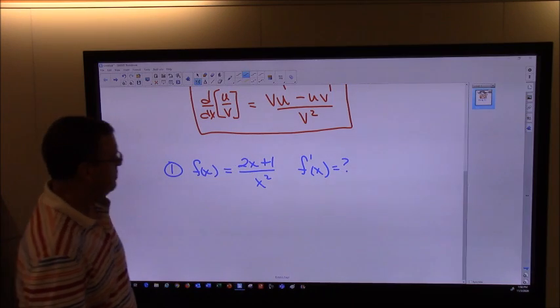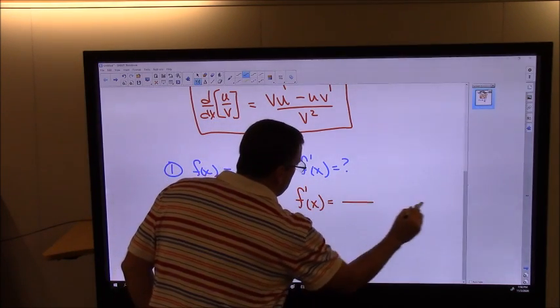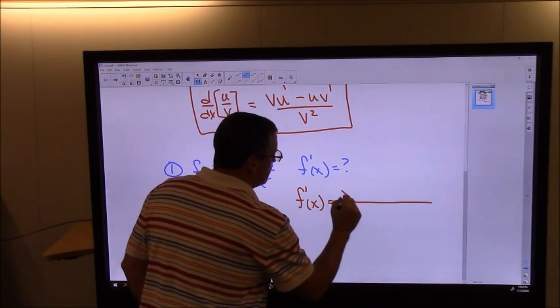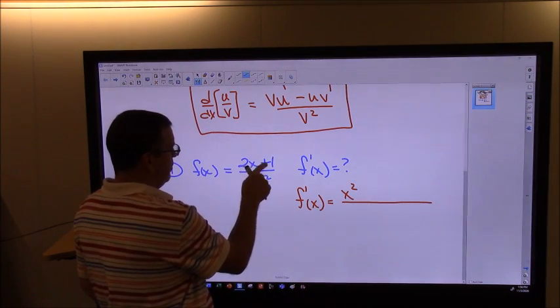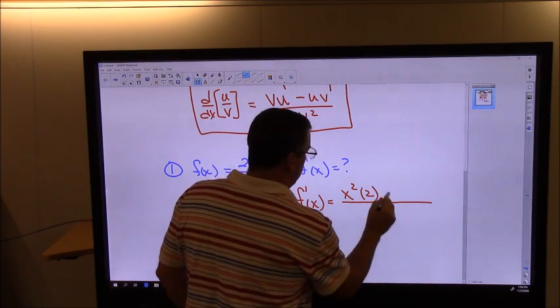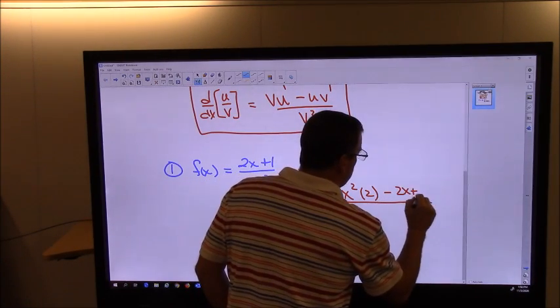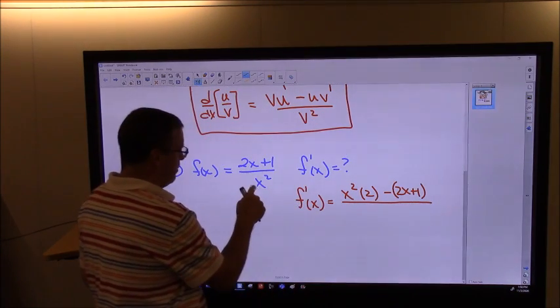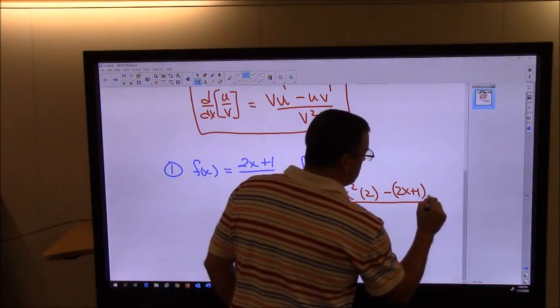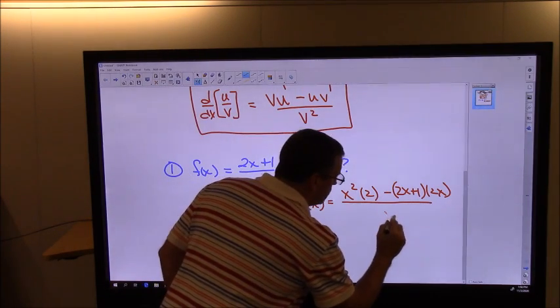Low d high, so f prime of x is going to equal x squared times the derivative of the high part, which is 2, less high d low, so 2x plus 1. Derivative of the low part is 2x. All over low squared will go.